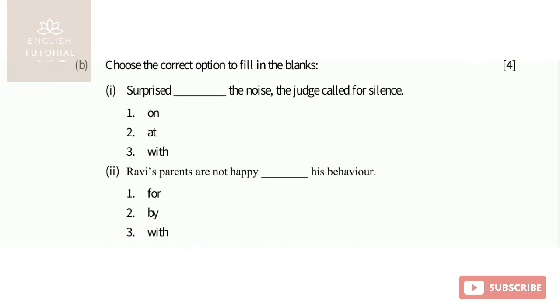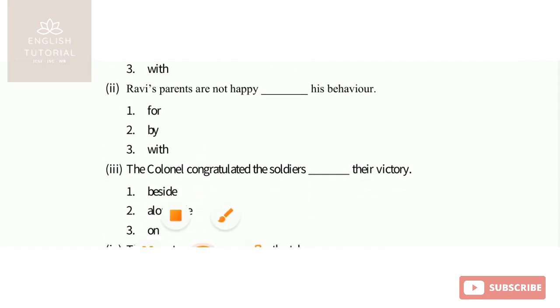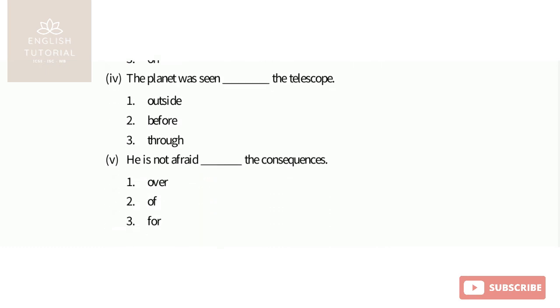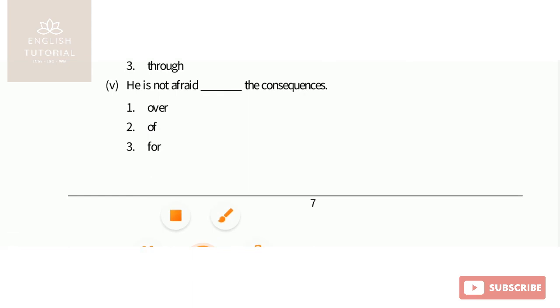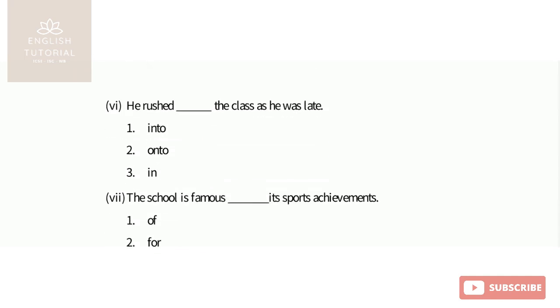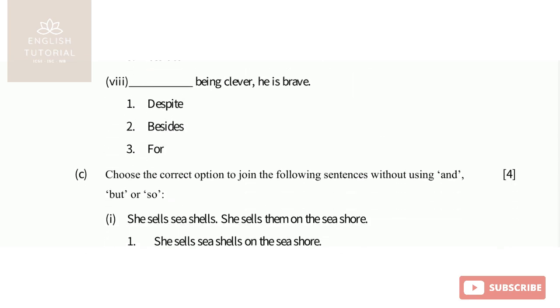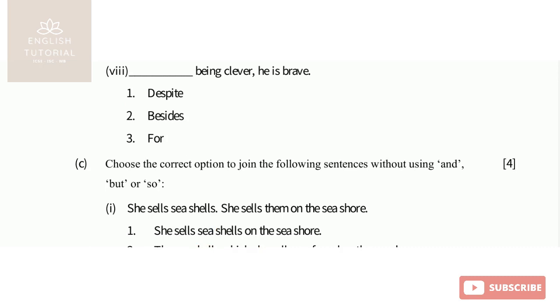So the correct prepositions are: the very first answer is at, second one is with, third one is on, fourth is through, 5 is of, 6 is into, 7 is for, 8 is besides. Okay, so this has gone for your prepositions.